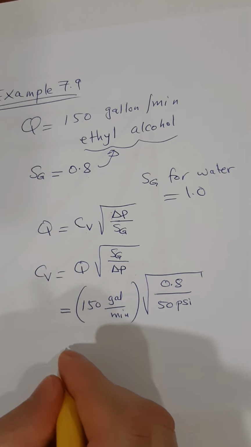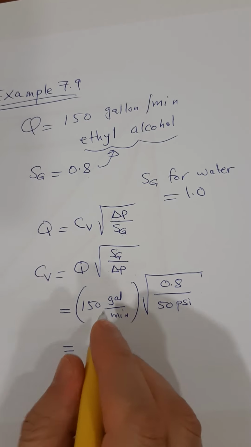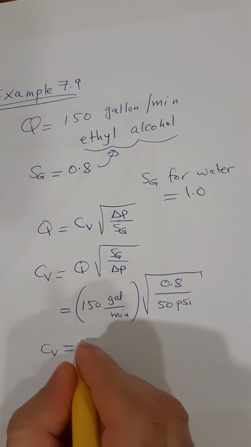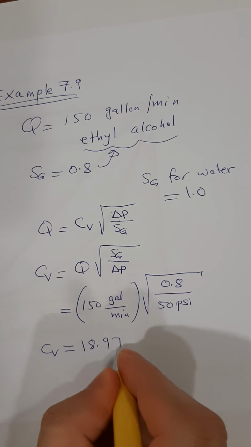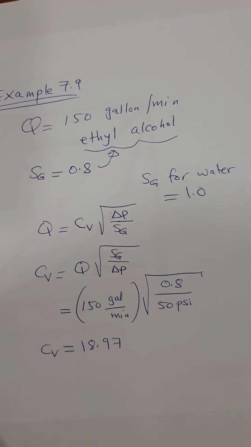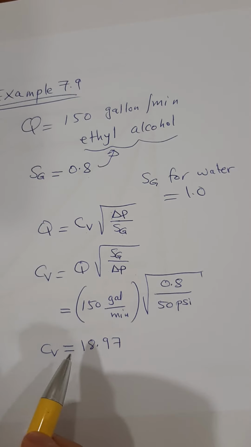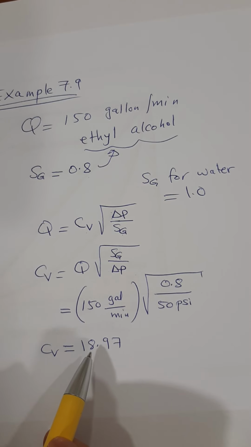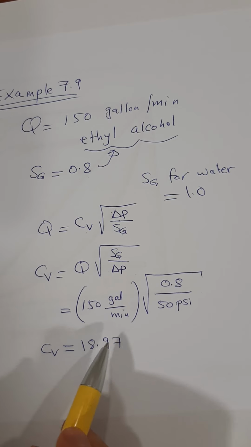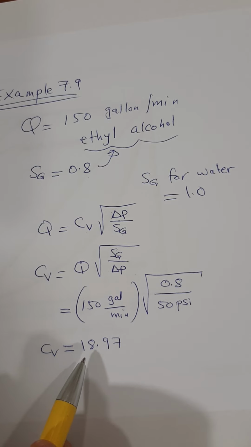Then we have CV equal to 18.97. This is the number of US gallons per minute if the pressure across the valve is 1 psi.